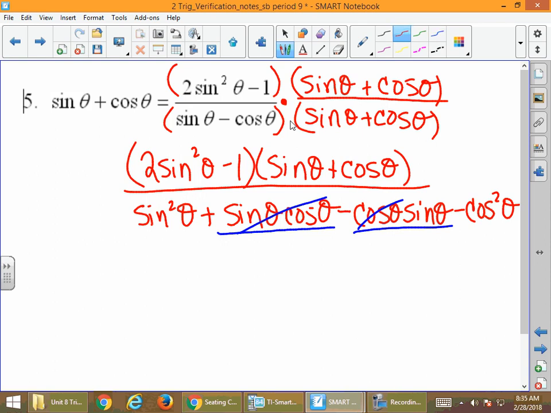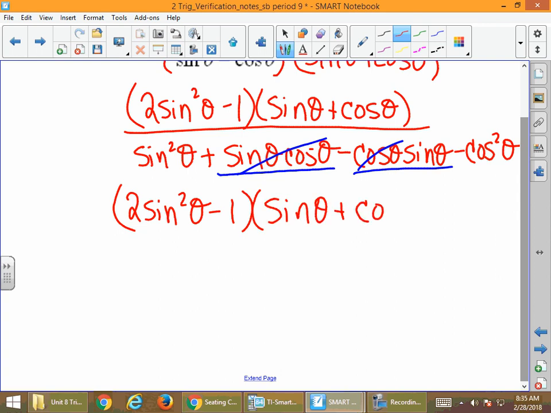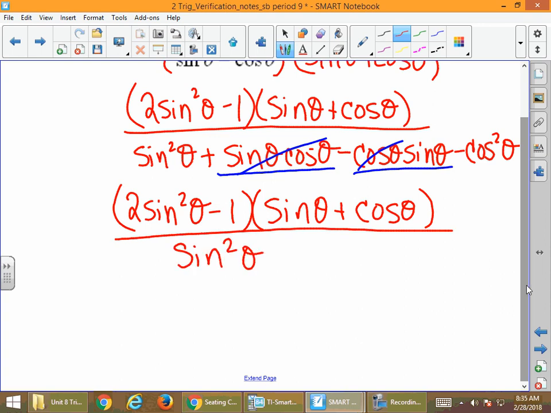So what we have left here is we still have 2 sine squared theta minus 1, and we have sine of theta plus cosine of theta, and down here now we have sine squared theta minus cosine squared theta.